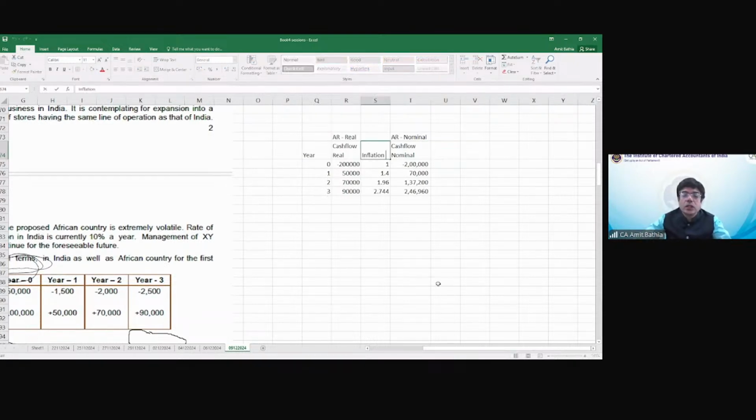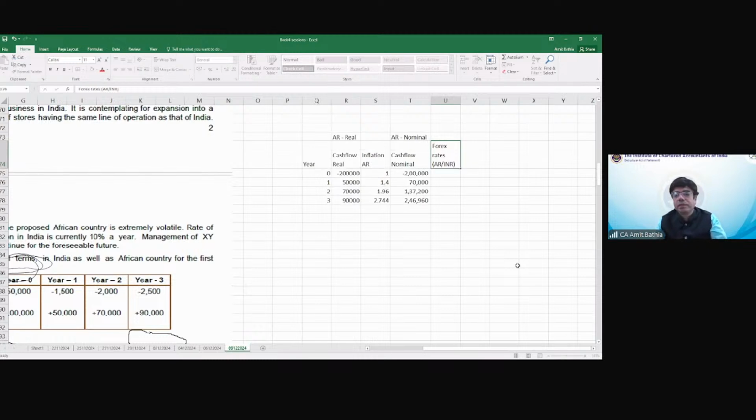This is inflation of African rand. So now I am going to convert this nominal cash flow into INR, and for that I am going to calculate forex rates over here. Now forex rates are expressed as African rand upon INR.